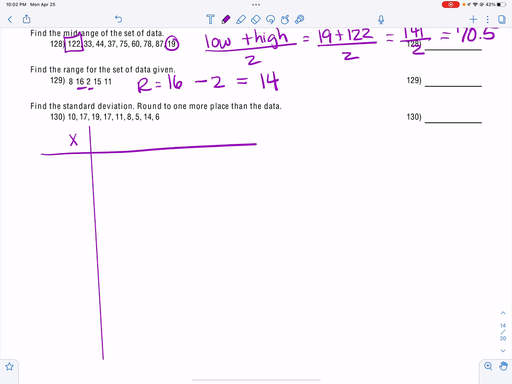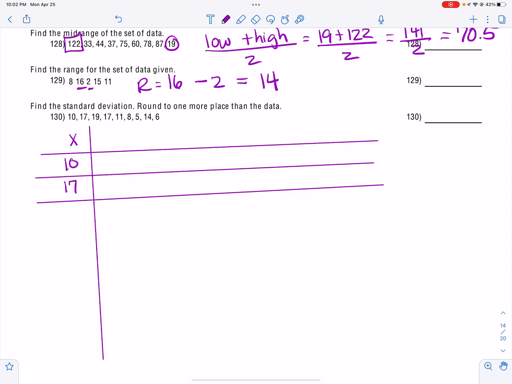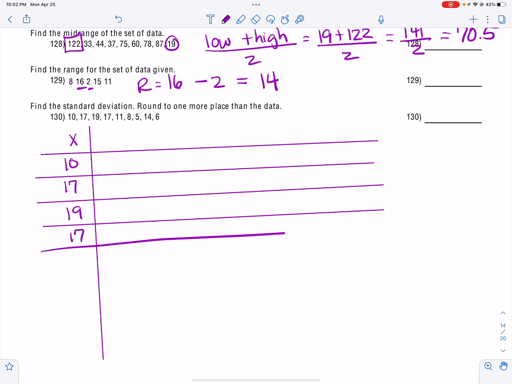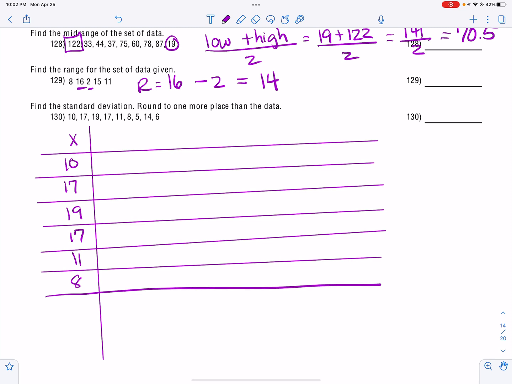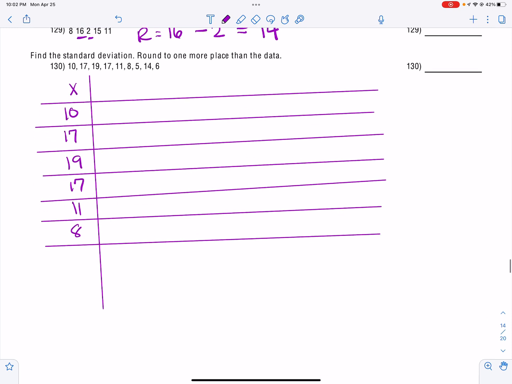So I'm going to make a table here, and I'm going to list them in the order that they're given. And this is actually a lot of data points. I usually don't give you this many, but this is the one that I happen to pick out.